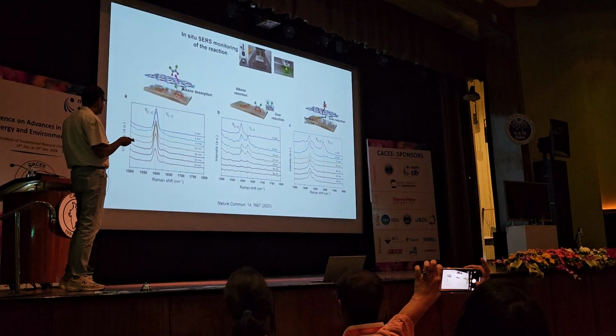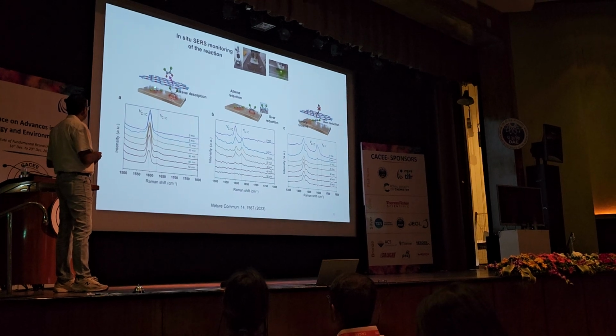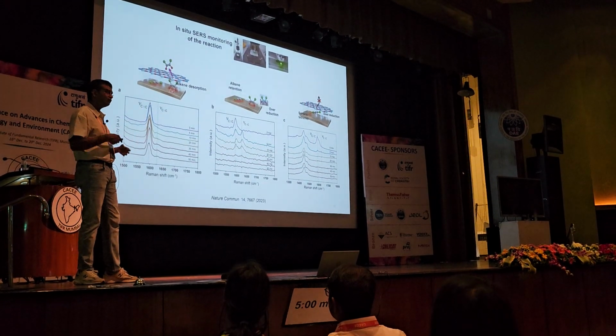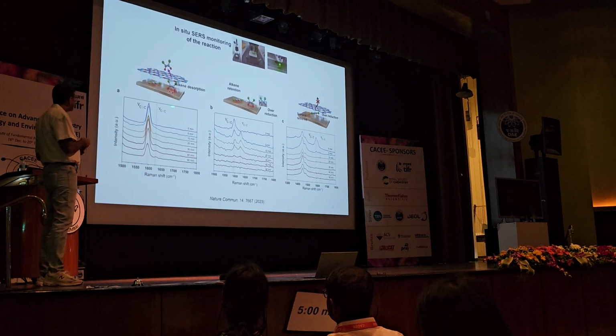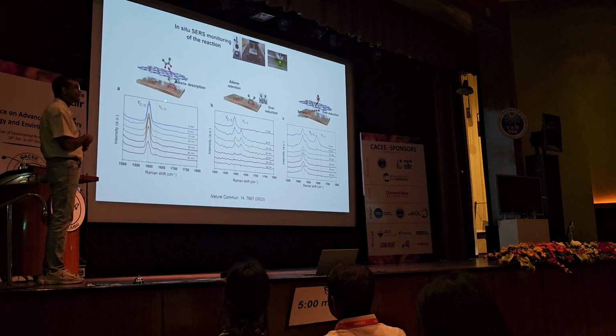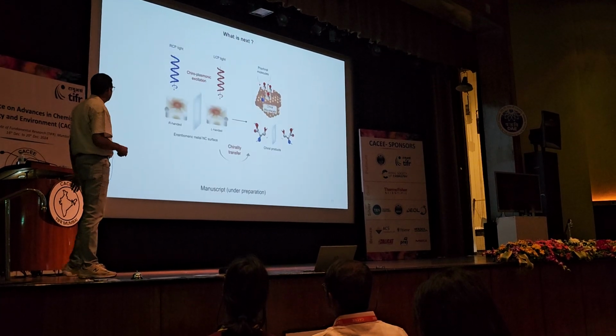So that's how we propose that there could be a mixture of electronic and geometric confinement effects of this PCOL layer, which decides the easy desorption of the intermediate alkene product, and the alkane never forms.